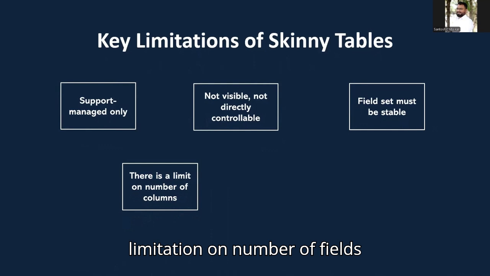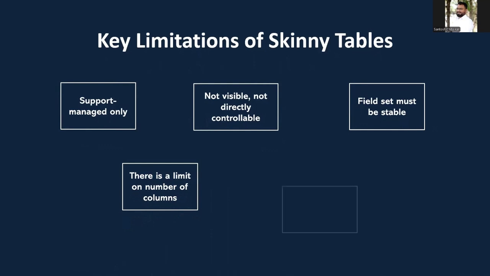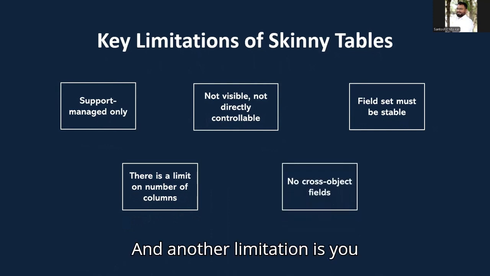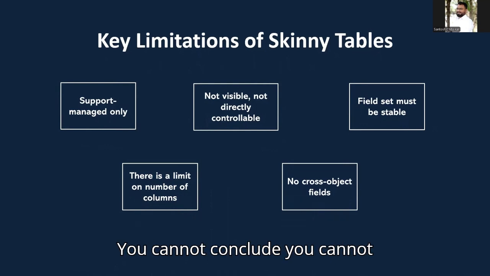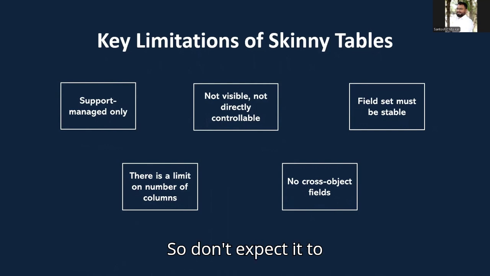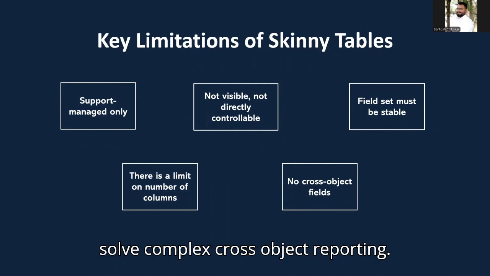There is a limitation on the number of fields that we can use. And another limitation is you cannot use cross object fields. You cannot include fields from a related object in the skinny table definition. So don't expect it to solve complex cross object reporting.